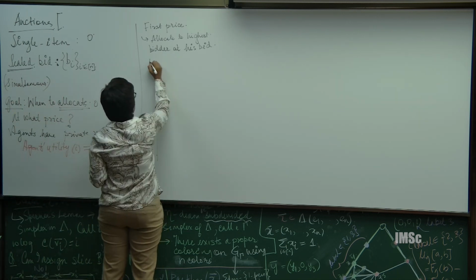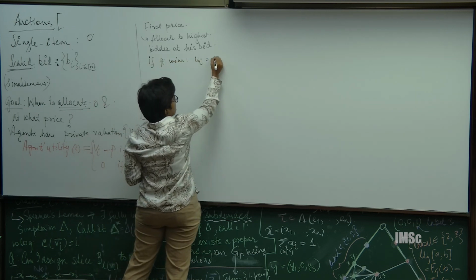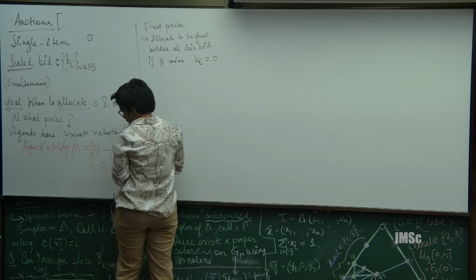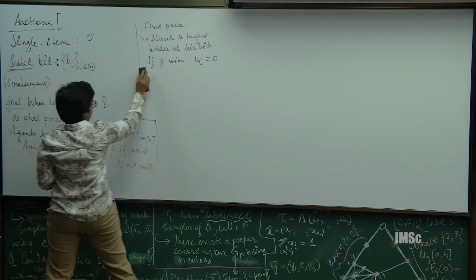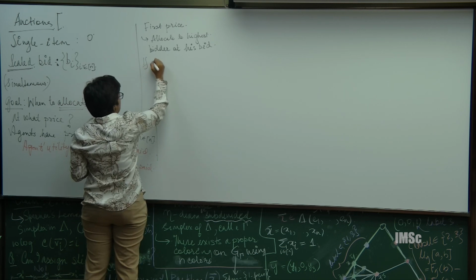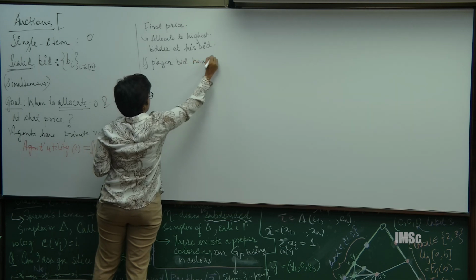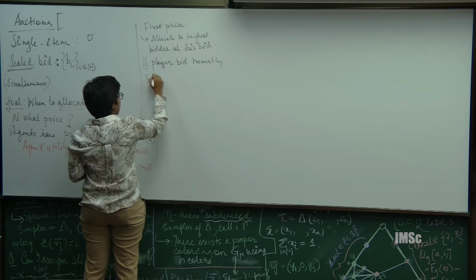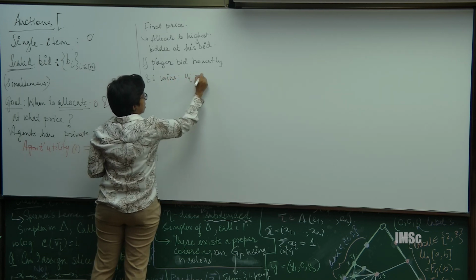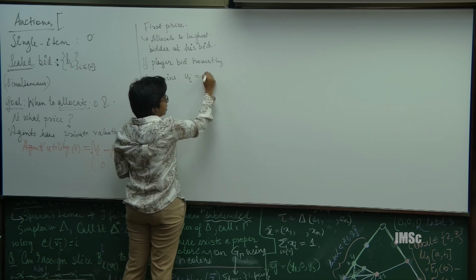Allocate to highest. So, if Pi wins, utility is 0, okay. When I say Pi wins, I mean if players bid honestly, and i wins, utility of i is 0, right, because he bid Vi, which is his true valuation.